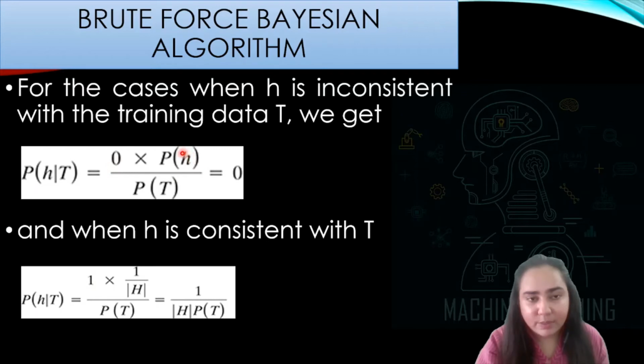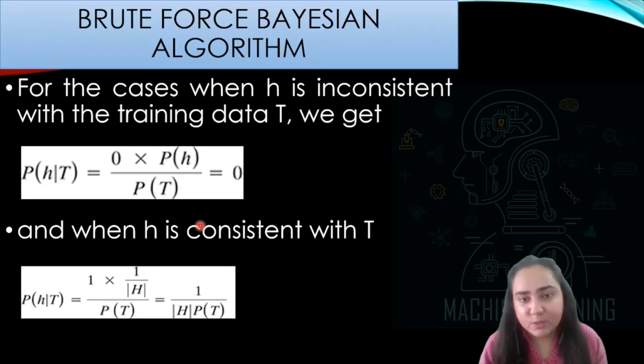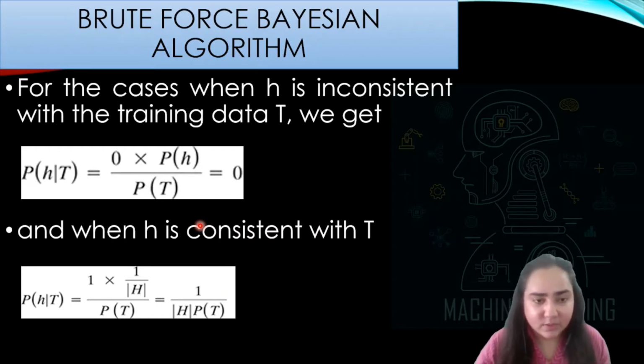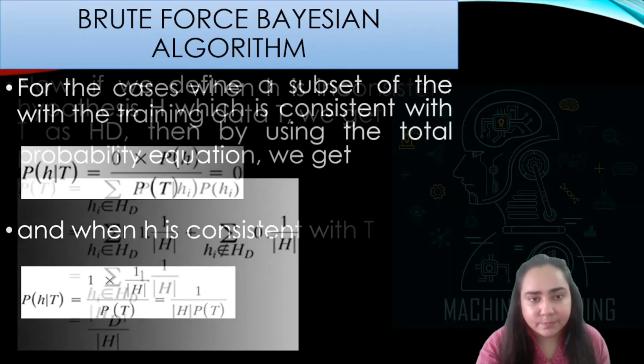And P of h, we know that probability of each hypothesis is 1 by mod H, the total number of hypotheses. Just like tossing a coin, there are two outcomes, and so probability of each of them is 1 by 2. Rolling a dice, 6 outcomes, probability of each is 1 by 6. So that's why P of h is 1 by capital H. And if you evaluate that, you're going to get 1 upon mod H into P of T. So these are the formulas to be used in the brute force Bayesian algorithm.